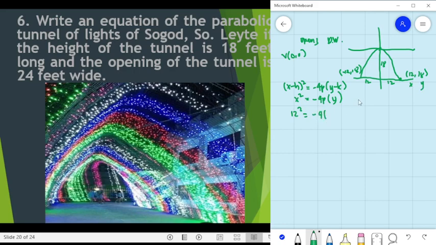What is your p there? So your 4p is solved later, right? Times your y, which is 18. So therefore, this is 144 equals -4 times 18, which is -72.